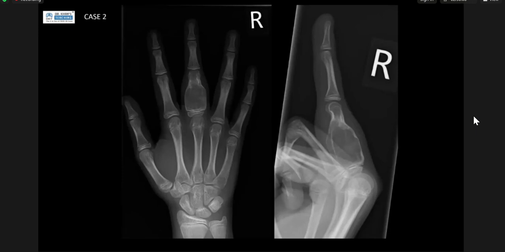Yeah, so I'm given the frontal radiograph of the right hand of a skeletally immature patient and the corresponding lateral image of the middle digit. So I can see that there's a well-defined lucent lesion in the proximal phalanx of the third digit, causing bony expansion and cortical thinning.